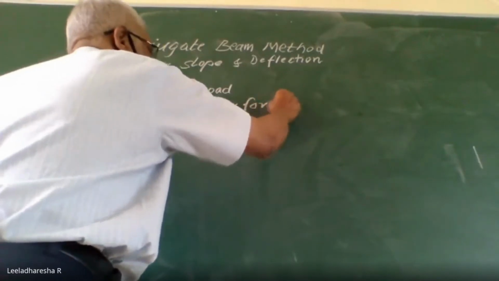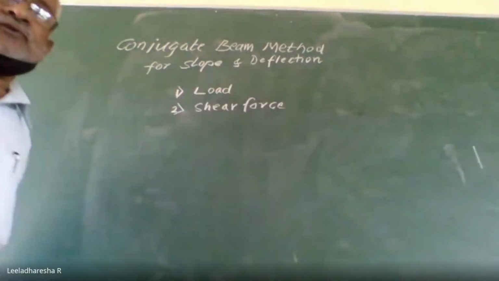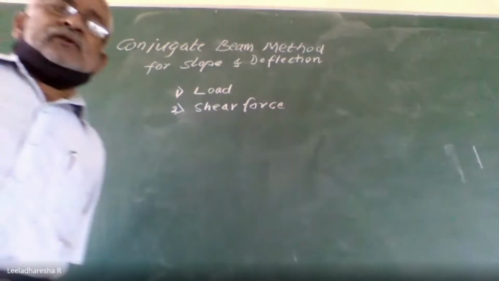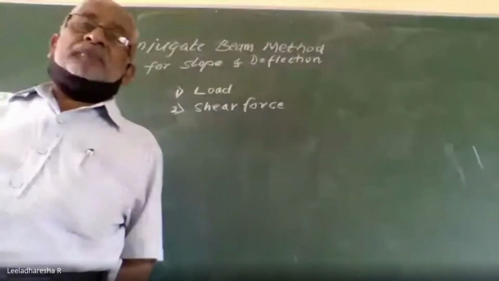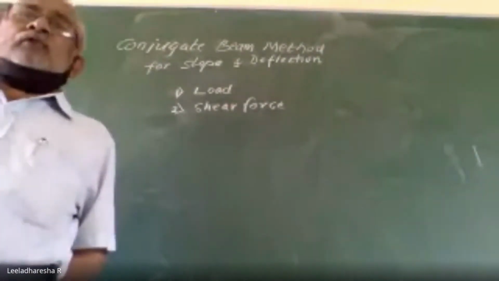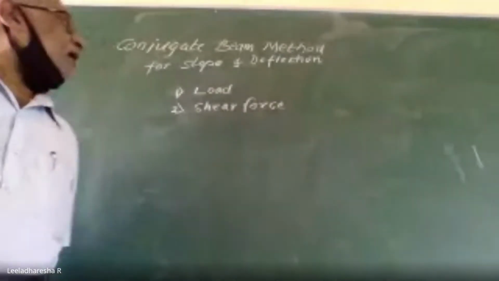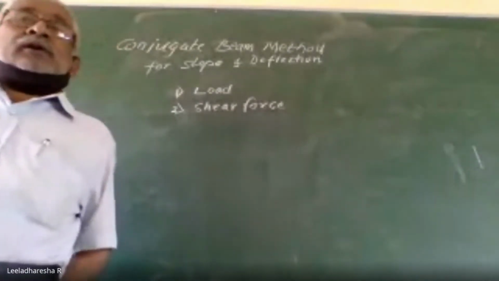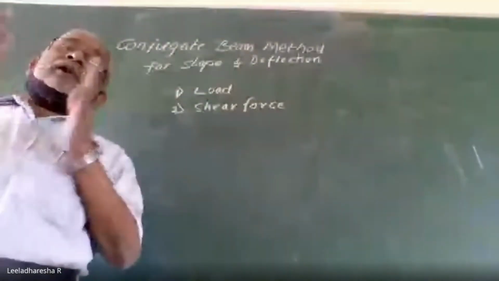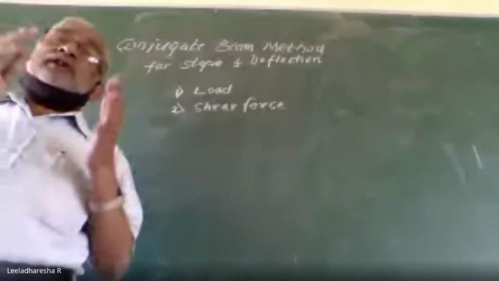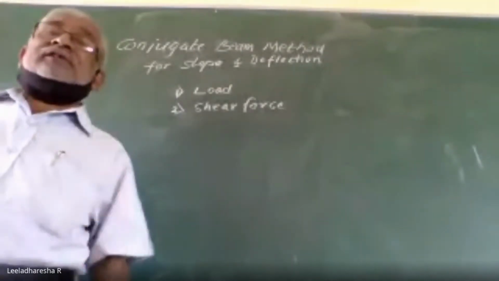See, why do we need to determine this shear force? Because one mode of failure of any structure, you take a column, beam, or a frame, or any structure you take, the first mode of failure may happen in the form of shear force. So, to make the structure resistant against shear force, we must calculate the shear force.